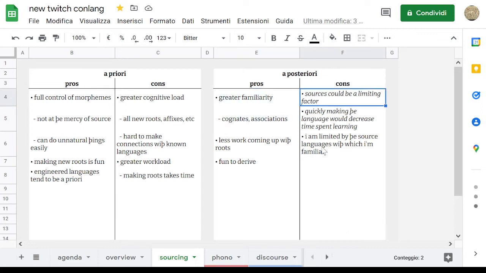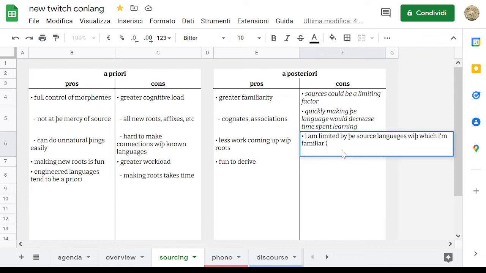Maybe in general I am, but there are some exceptions where the only difference between it being a priori and not is just that the source is a real language and not my own made-up roots. But I kind of feel okay with that. I'm limited by the source languages with which I'm familiar if I stick with them, so I could just not stick with them.